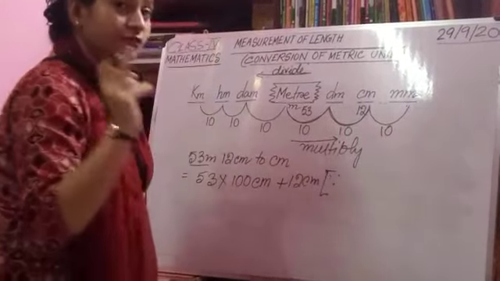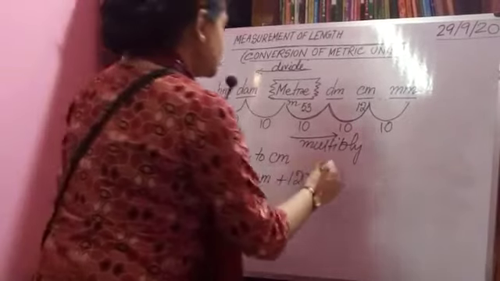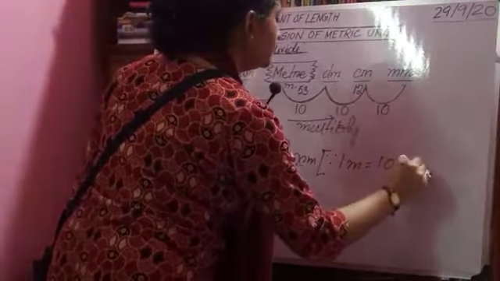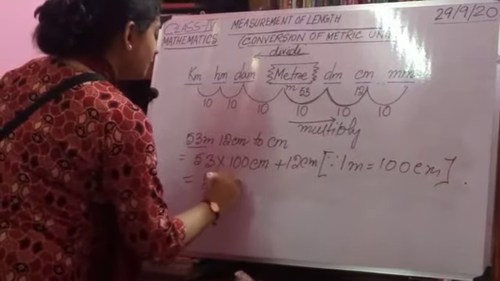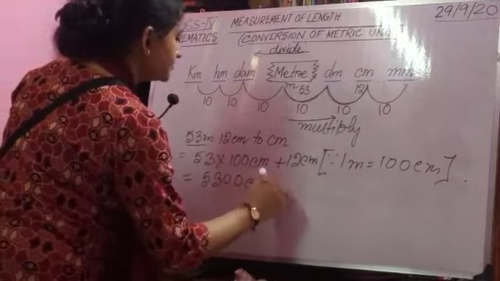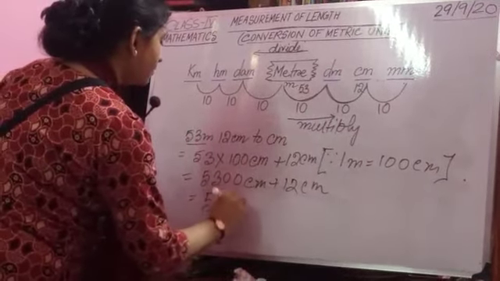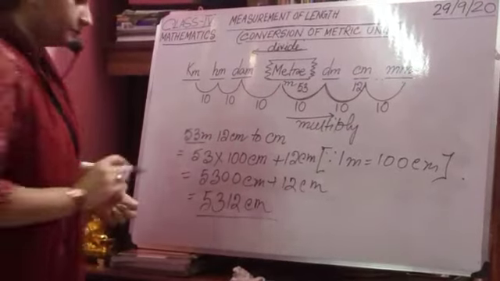You have to give the reason why you are multiplying this number by 100. Since 1 meter is equal to 100 centimeter, this gives you 5300 centimeter plus 12 centimeter, 5312 centimeter. This is your final answer.